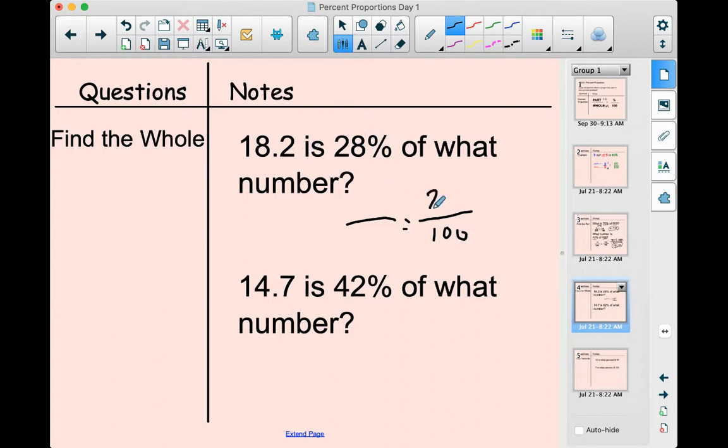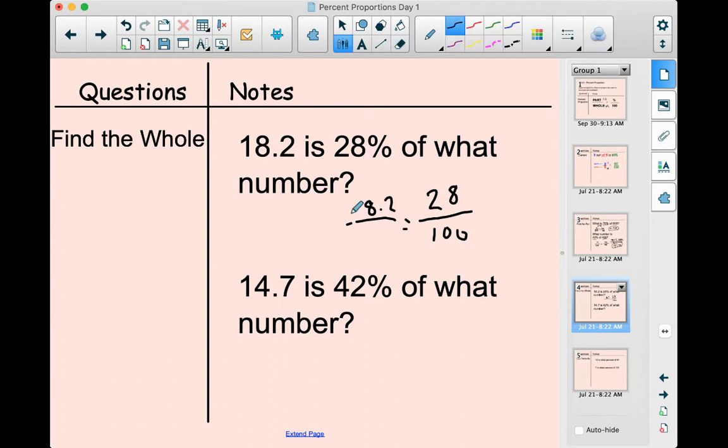So 28 is my percent. But in this case, I'm given that 18.2 is that percent of something else. So this is a case where 18.2 is associated with the "is" here. This is the part. It's not the number I'm finding the percent of, it's some percent of that number.